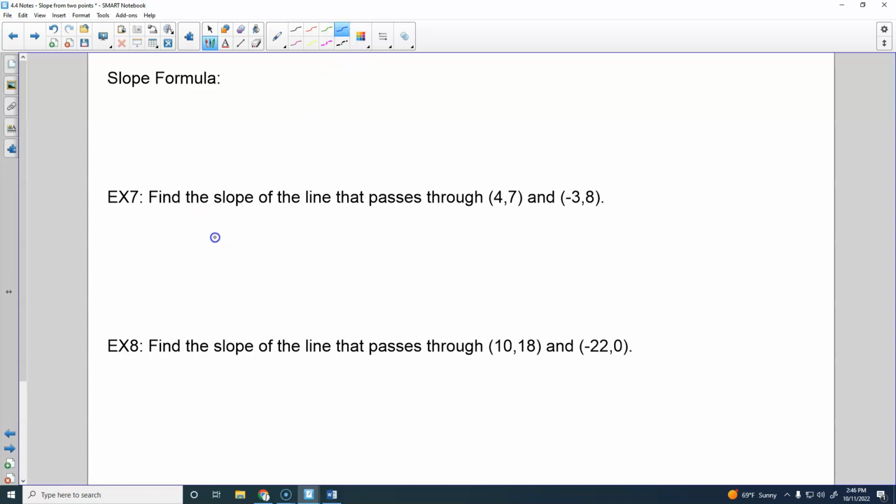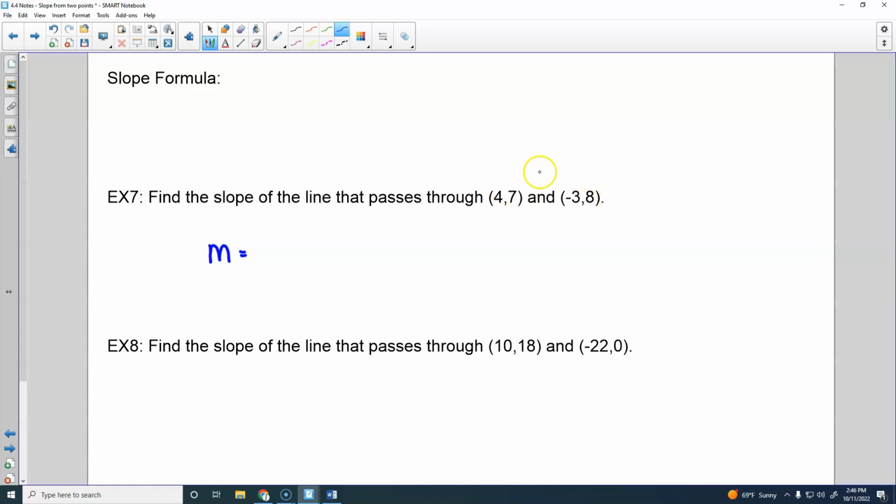Just the M. M is the letter that we use for slope. I think it's a French word or something that it comes from, why they use M instead of, say, S. S is a horrible variable. S looks like 5 whenever you write it, and every once in a while I'll see a problem with the S in it, and I always hate it because it turns into a 5 in the middle of the problem. So, I think it's a French word, maybe. I need to look that up.